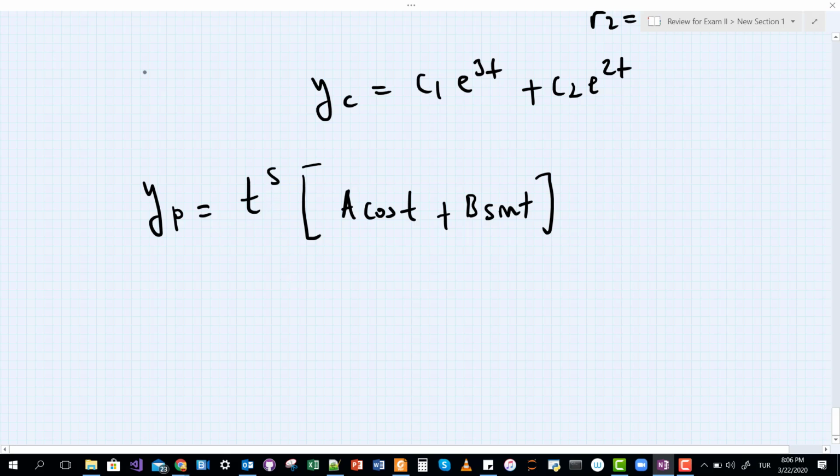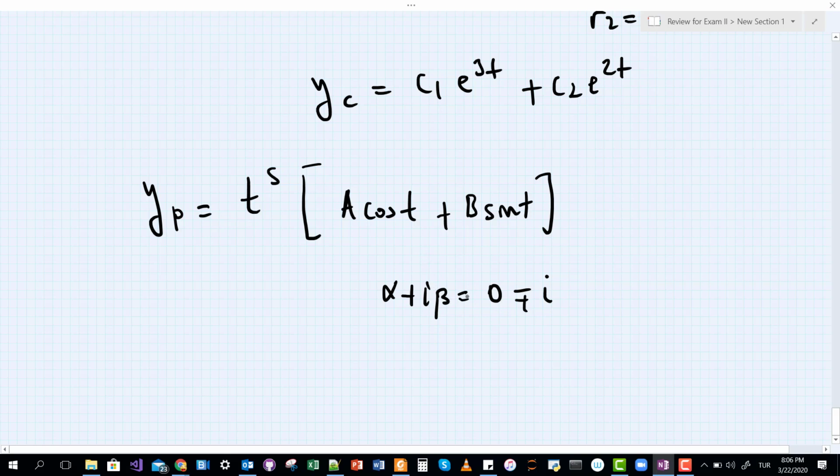If you look at alpha plus i beta, which is equal to 0 plus i, alpha is 0 since I don't have any exponential term on the right hand side, but beta is going to be 1 since I just have the cos t on the right hand side.